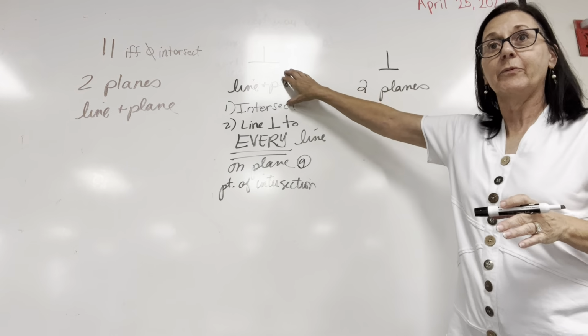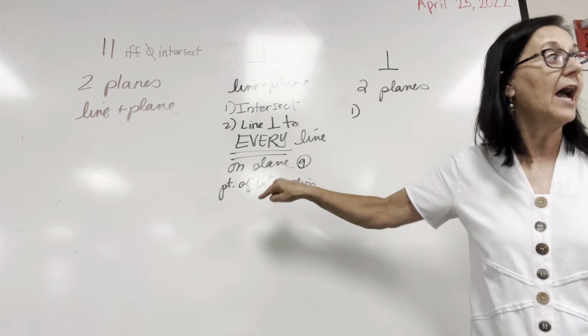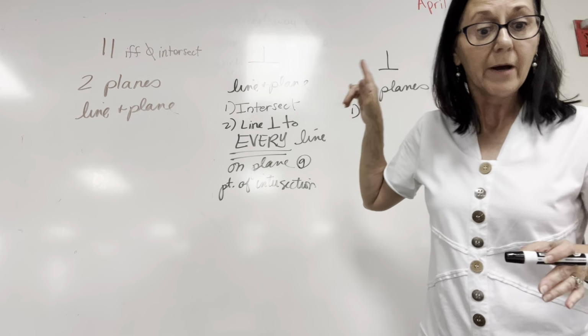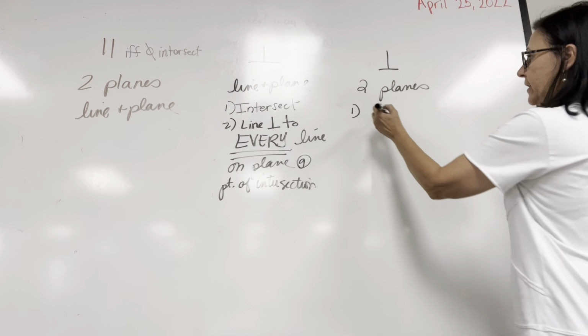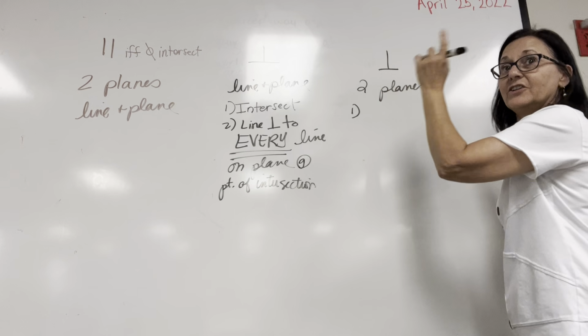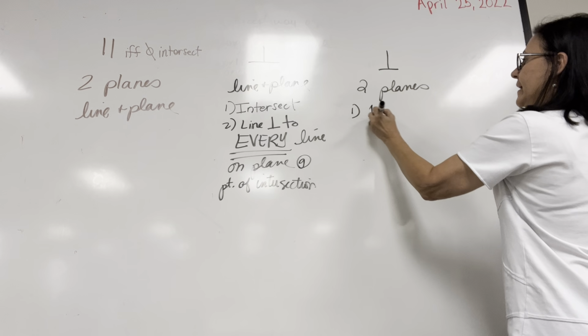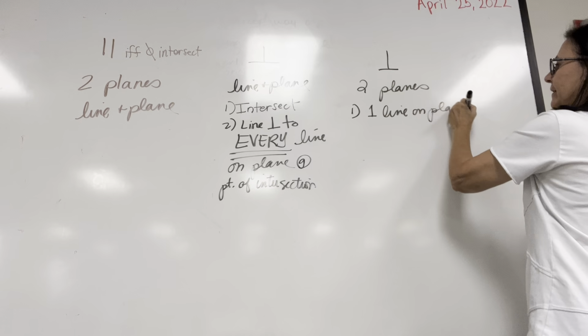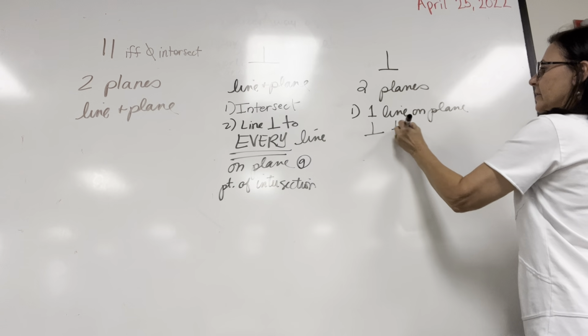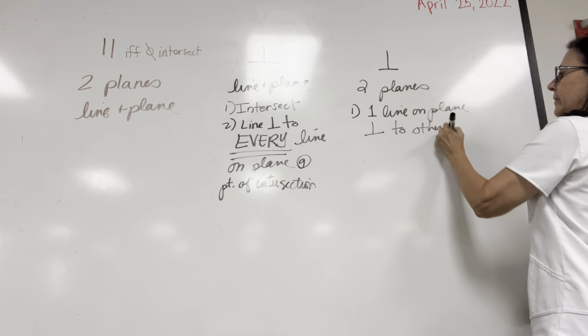When we have a line and a plane, it has to be every line on that plane. When we have two planes, it only has one line perpendicular. Do you see the difference? One line on a plane is perpendicular to the other plane.